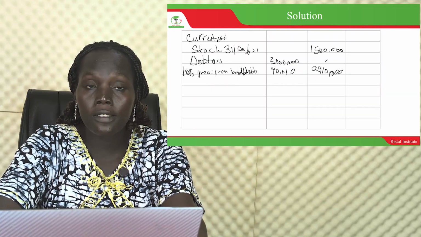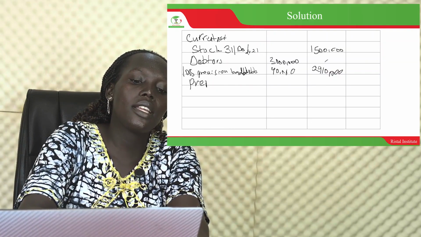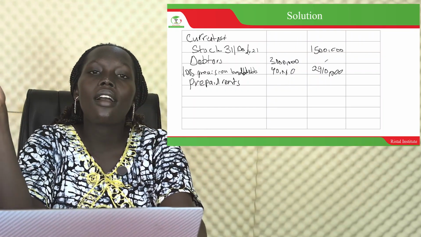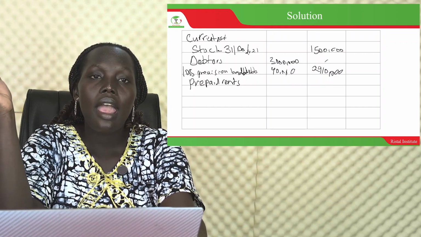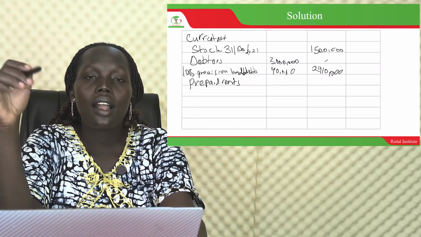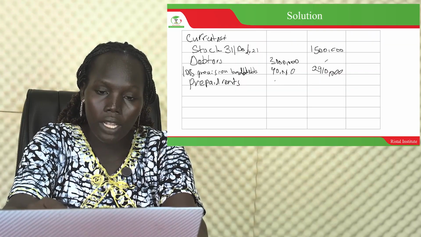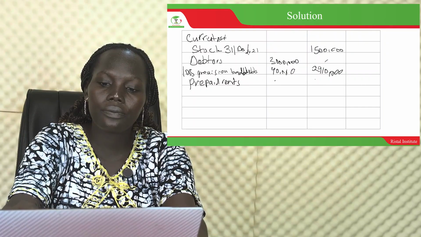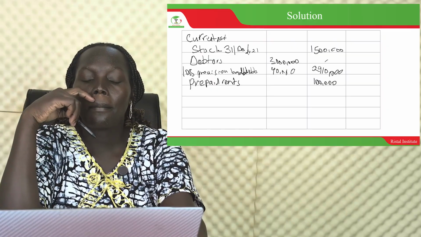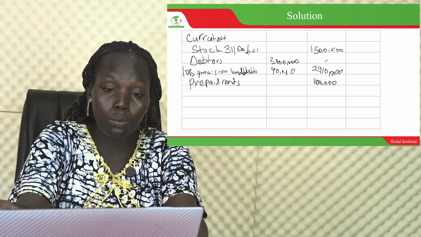So then we have our prepaid rent. We said all prepaids are counted as current assets. Every prepaid is current. So we put prepaid rent, which was 100,000.